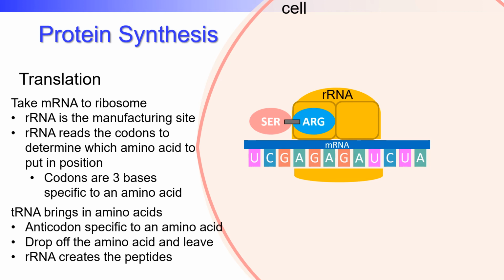And the messenger RNA will advance again. The next codon will be read, and another transfer RNA will bring in another amino acid. This will continue until the entire messenger RNA has been read, and by the time the entire messenger RNA has been interpreted, a protein will have been produced.